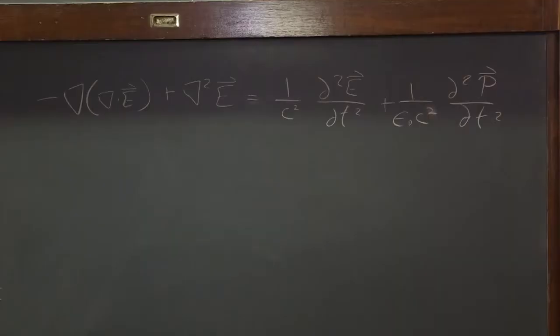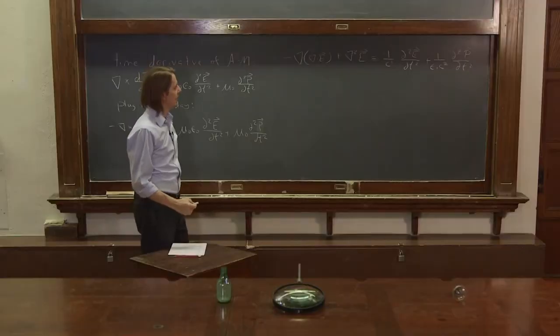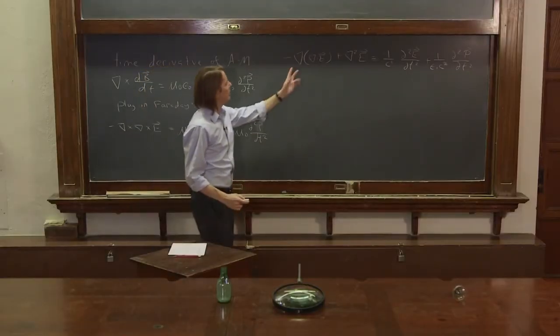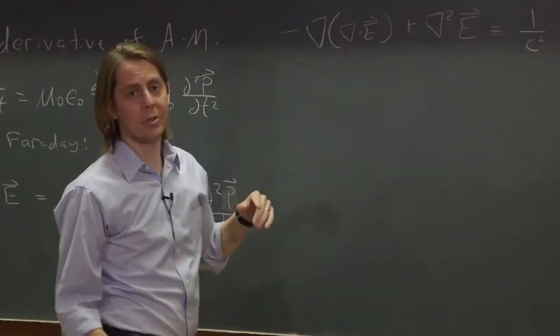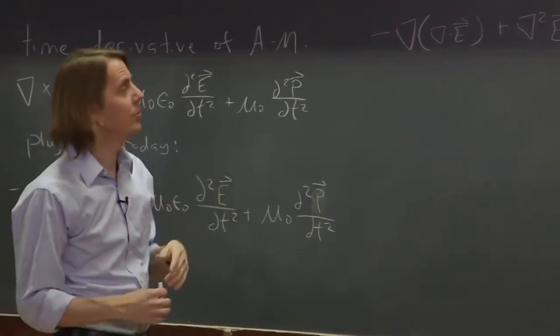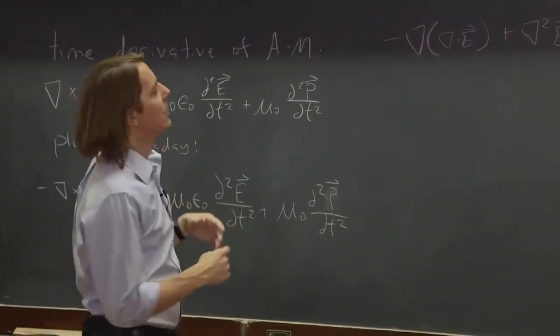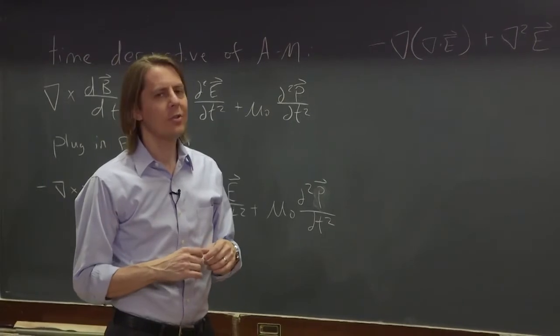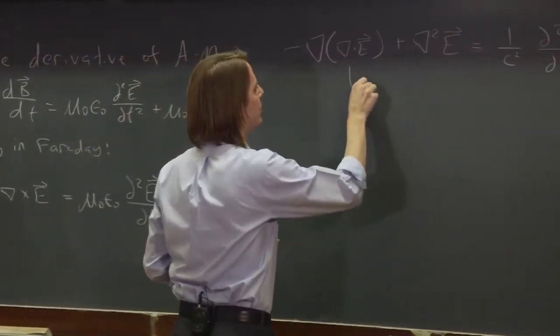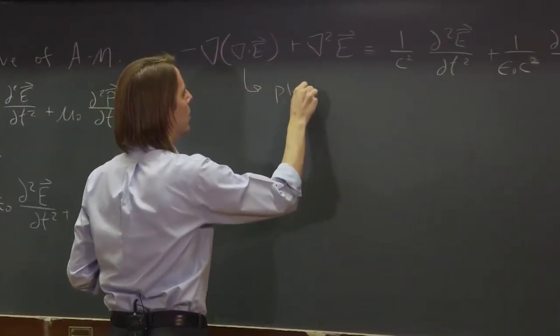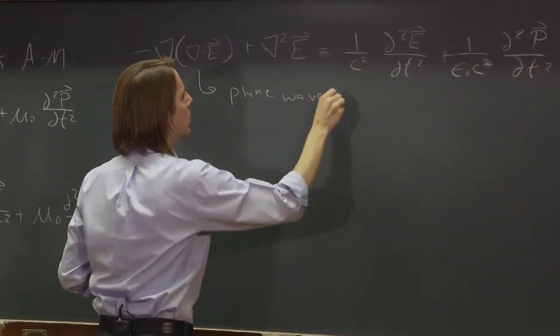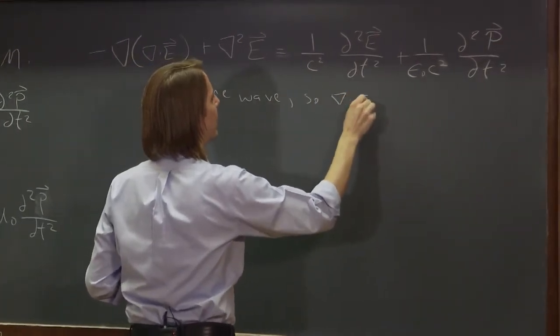And let's see, it doesn't look like a wave equation yet. Before, we said this is 0 because we're in empty space, right? So del dot E was 0. That was Gauss's law. Now it's still 0 because we have a plane wave, even in a dielectric.